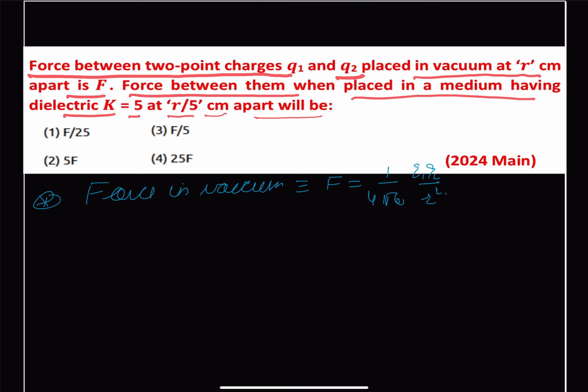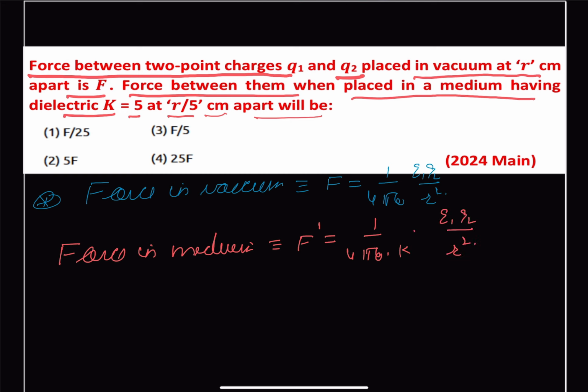And now we have a dielectric medium, so the force in medium, let us suppose that is F prime, will be equal to 1 upon 4 pi epsilon naught multiplied by the dielectric constant, and the rest of things are going to remain the same. Sorry, the distance is also changed.